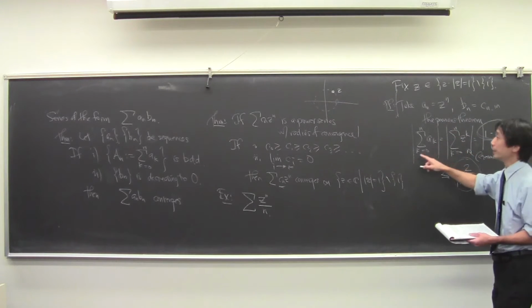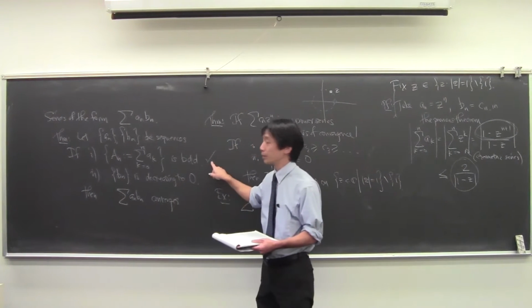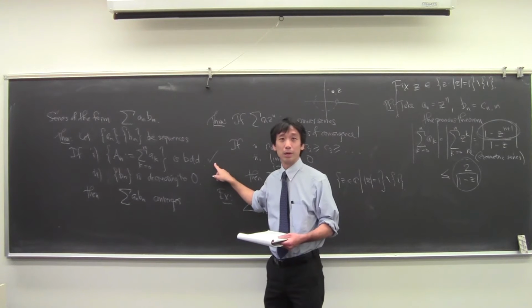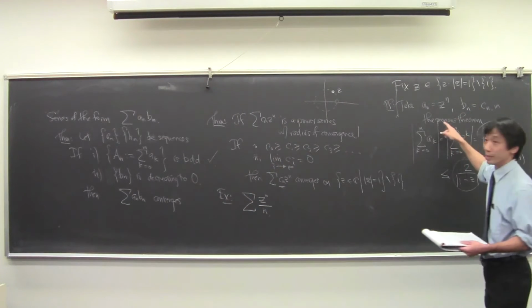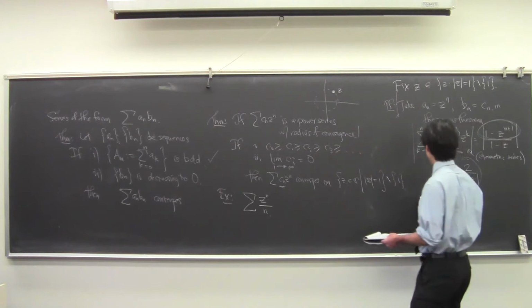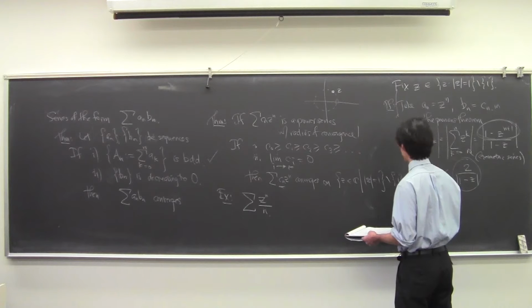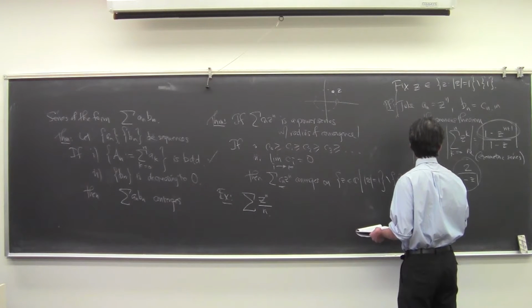So that gives us that the partial sums are bounded, right? And then we have that the c sub n are decreasing to 0, right? And so we have convergence.